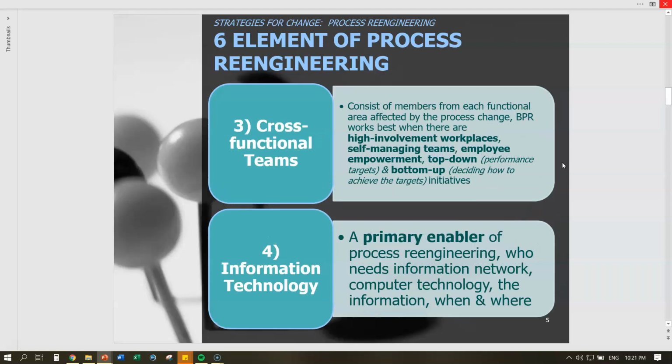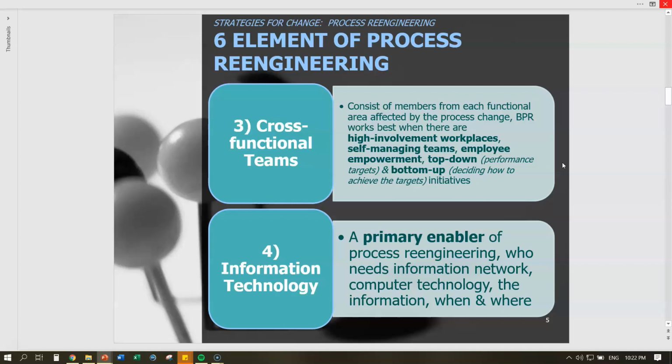Here, BPR works best when there are high involvement workplaces. Maksudnya dekat sini, setiap pekerja tu involved dengan re-engineering process. Self-managing teams, maksudnya team tu sendiri pandai nak menguruskan diri dia sendiri. Tak perlu bos dia sentiasa kena follow up.